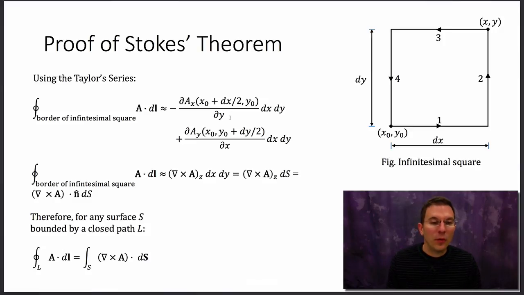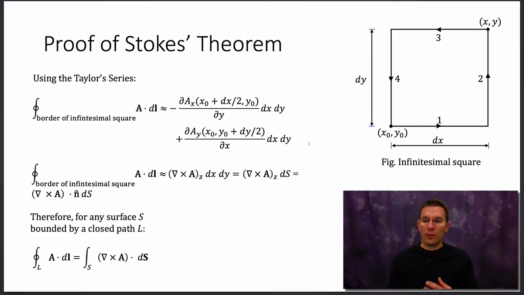And in fact, if you look at the definition of the curl, you'll find out that this expression is just the z component, the component of the curl directed normal to the surface of this square, times the area of the square, ds. So this is saying something extremely powerful about what the curl means.